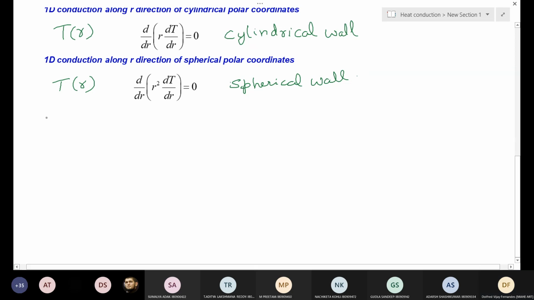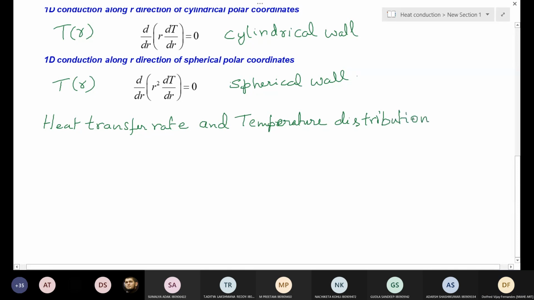The heat transfer rate and temperature, this we have to obtain for all the 3 types of walls. The heat transfer rate Q and the temperature distribution, or you can also write temperature profile.